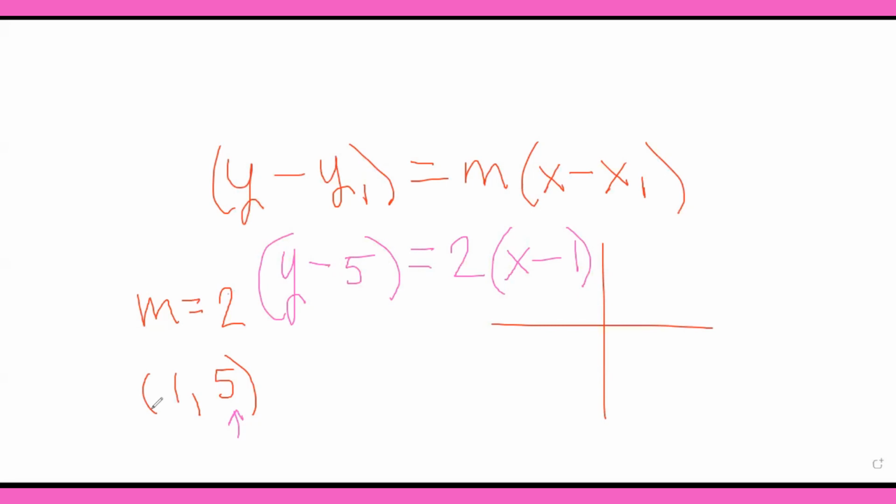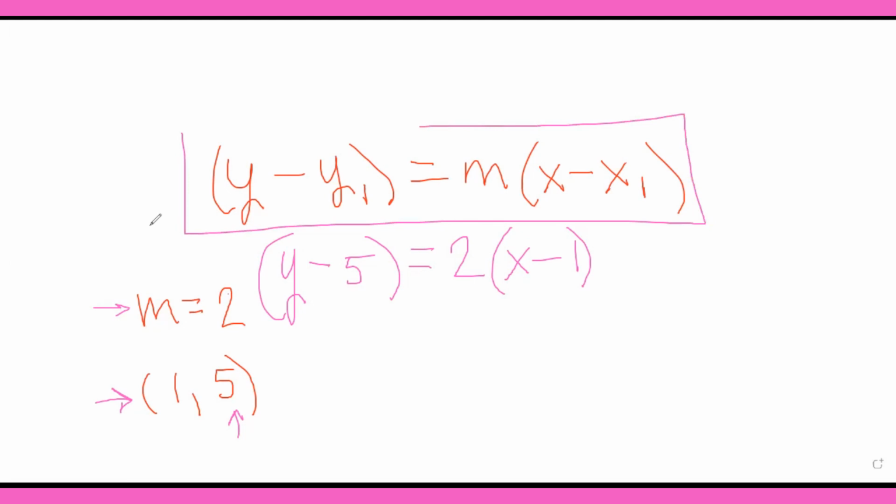So sometimes that's a little bit confusing. We won't go right into graphing it just yet. But if I'm given a point and a slope, we could use point-slope form. So this is point-slope form. Now, if I needed to, I could leave it like that, or if I needed to get it into mx plus b, that would be the easiest way to graph it.